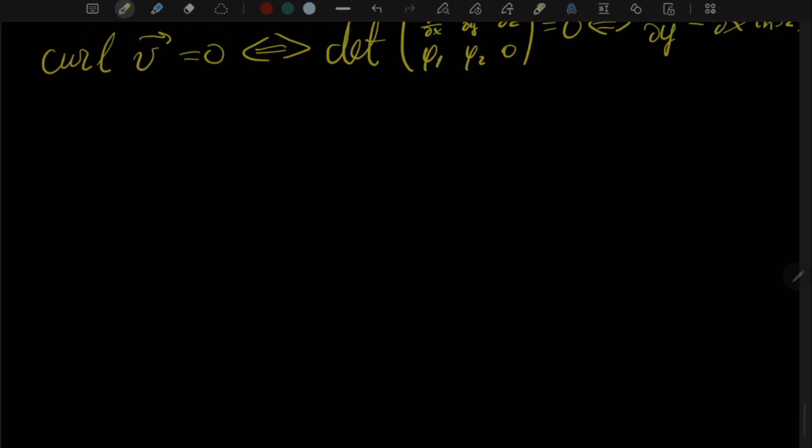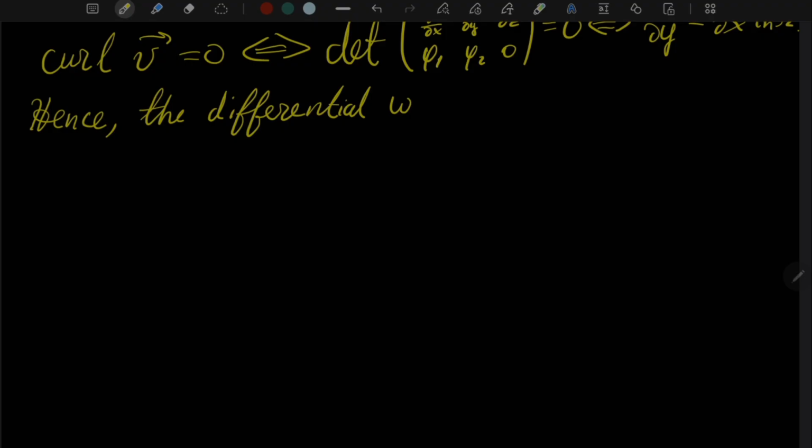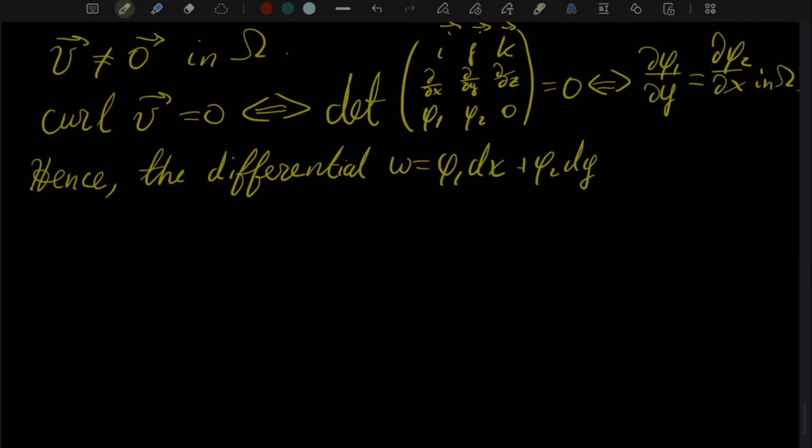Okay. Hence we can consider such a differential, and given the fact that their partial derivatives are equal, this differential is exact in omega.